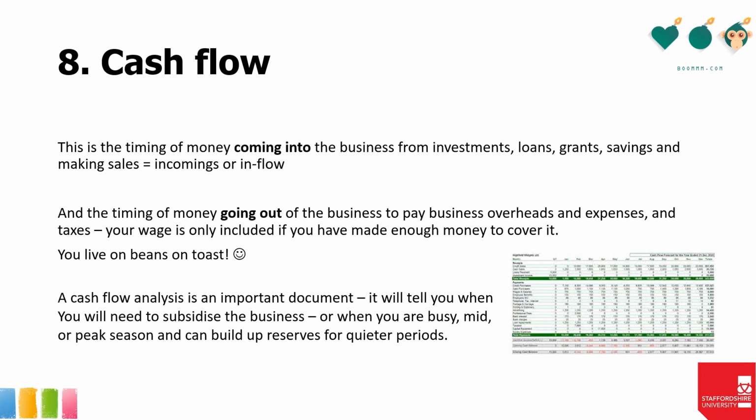One really effective way, and this is a very, very important tool for the business, is to have a cash flow analysis. Cash flow essentially is the timing of money coming into the business from investments, loans, grants, savings, and making sales. These are the incomings or the inflow. And the timing of money going out of the business on a month-by-month basis to pay the business overheads and expenses, your taxes.